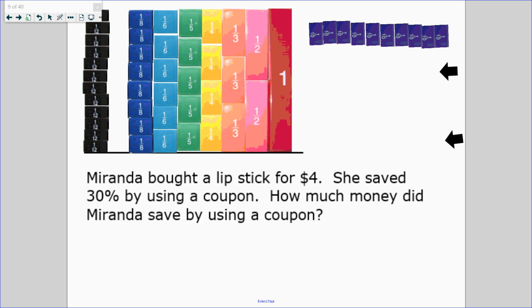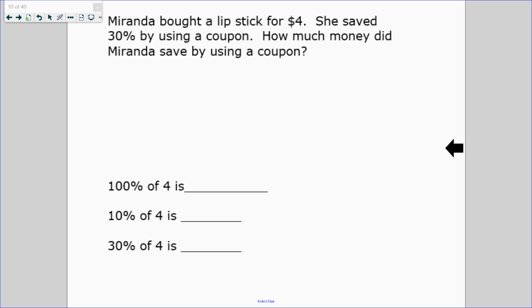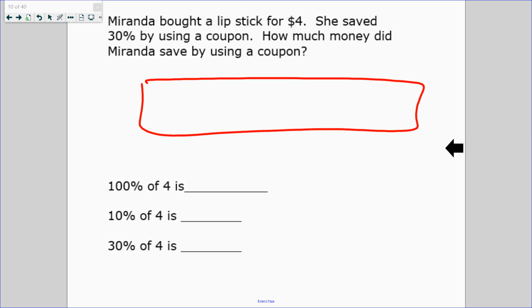Do you know another percent, something more manageable that you recognize? What about 10%? So how many groups of 10% go into 100%? 10 groups. So we are going to break this into 10 groups.